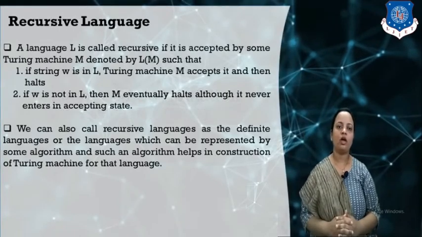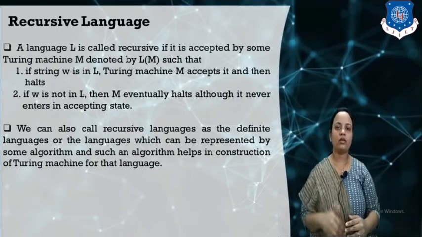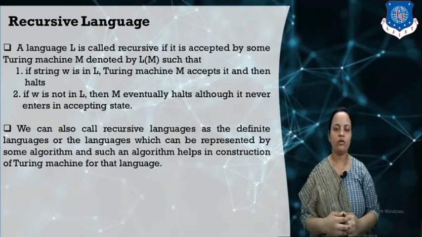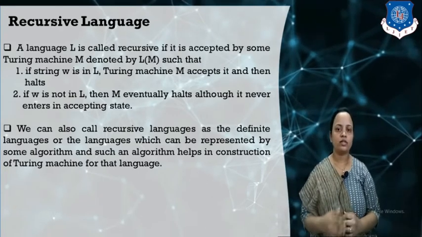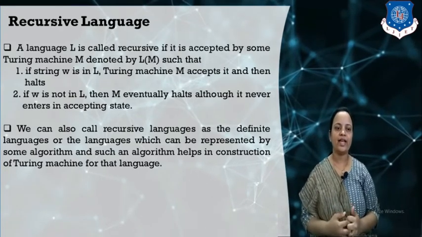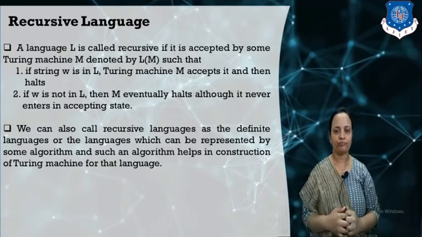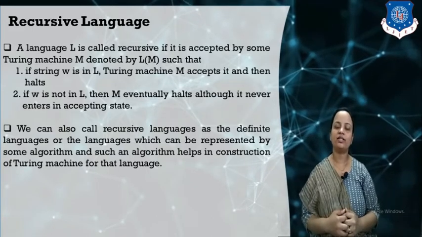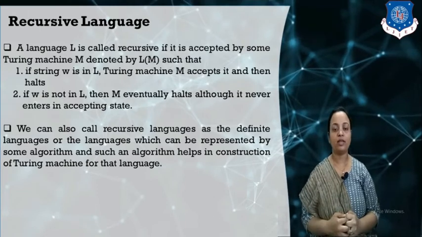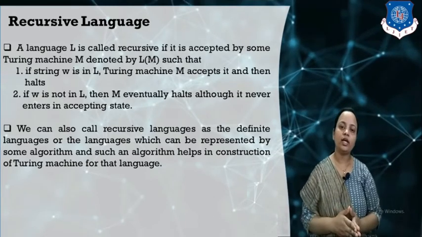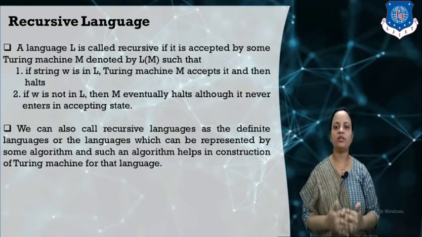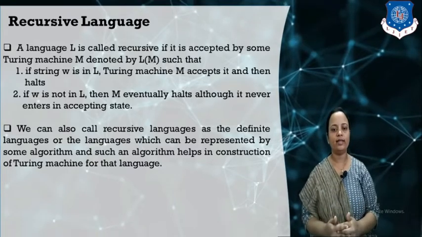Now, before we discuss some of the theorems, let's first discuss the recursive language. As we know, what is a recursive language? Suppose a language L is called recursive if it is accepted by some Turing machine M, denoted by L(M), such that if a string W is in L, Turing machine M accepts it and then halts.